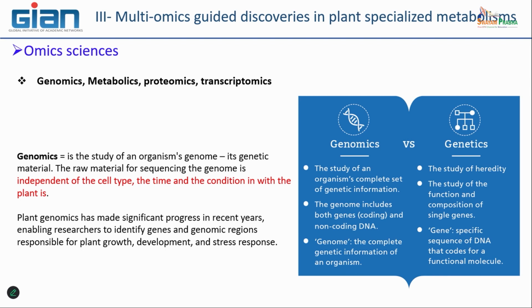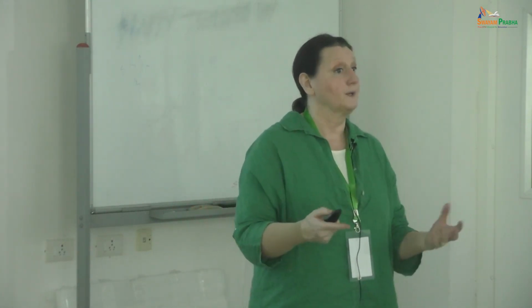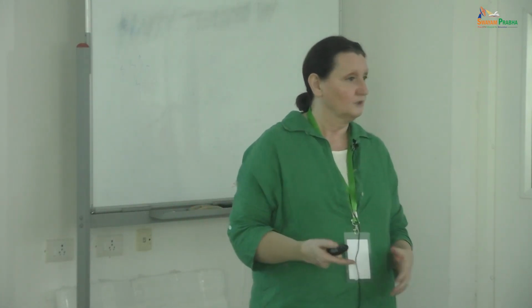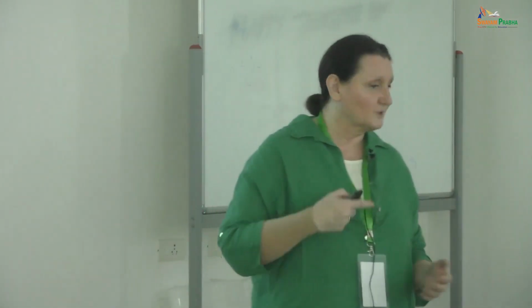It is a raw material that is present in all cells, whatever the type of tissue, whatever the type of cell, the age of the cell. So, in fact, genomics can reflect the whole genome in any sample you can have from a plant. So that's very interesting because, whatever the condition in which the plant is, if it is in light or in dark, under stress or no stress, the genome is always the same.